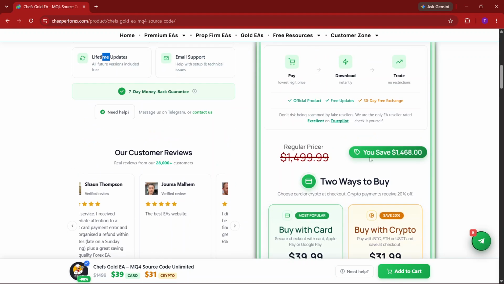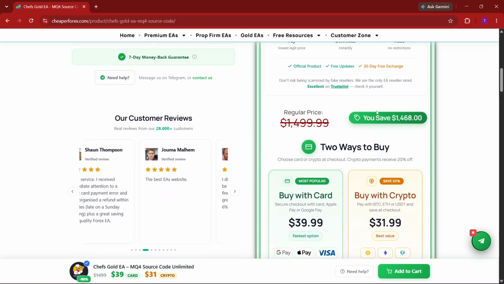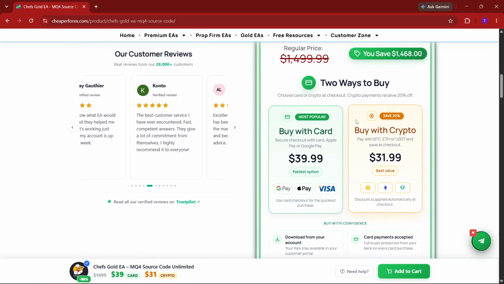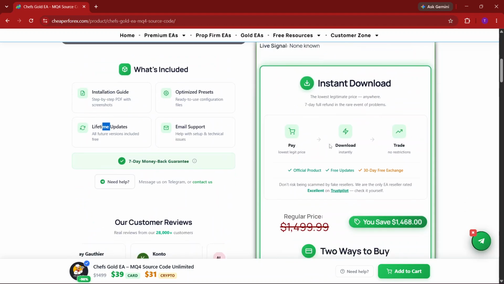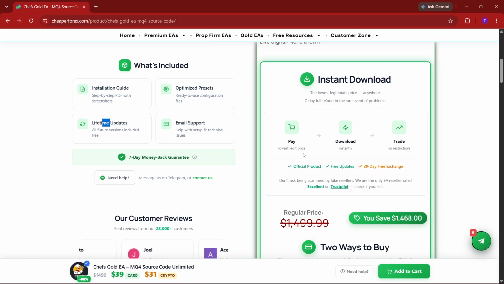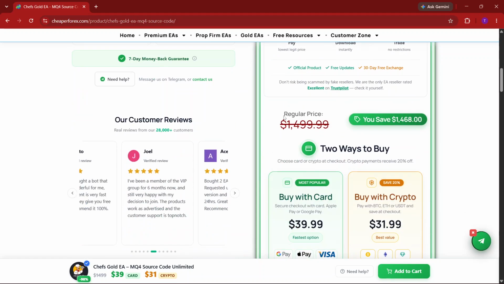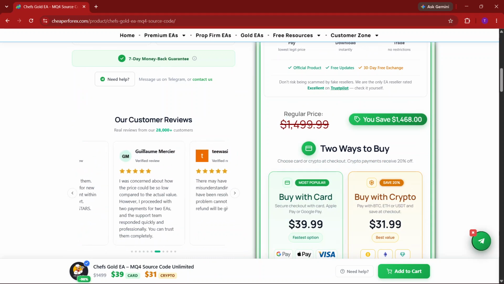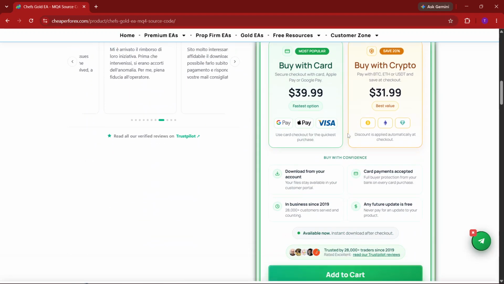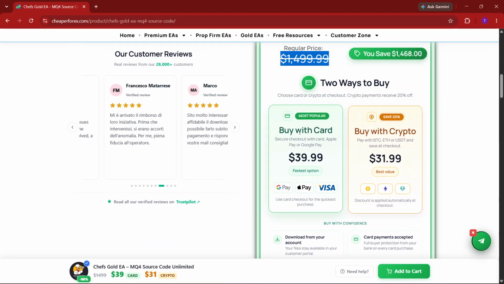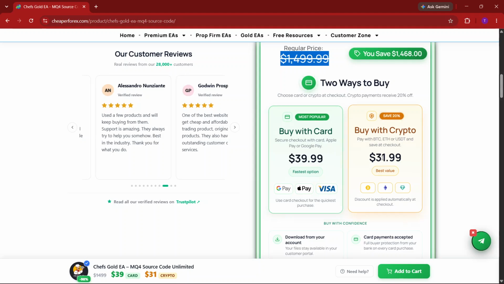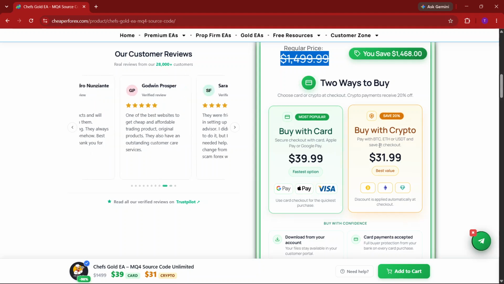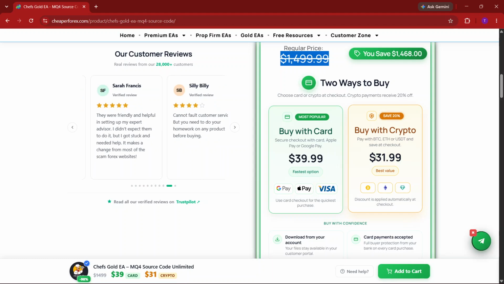It's priced around, as you can see on the page, the former price was $1,499 or $1,500. However, they're doing a promo right now. Option to buy with card at $39 or $40, and buying with crypto means you save 20% more at $32.